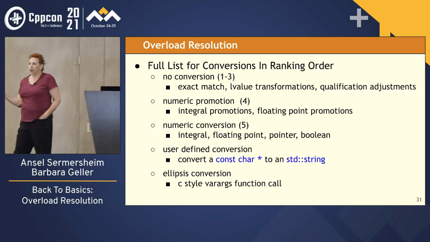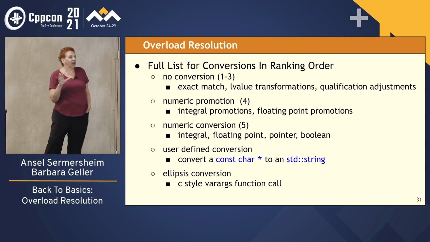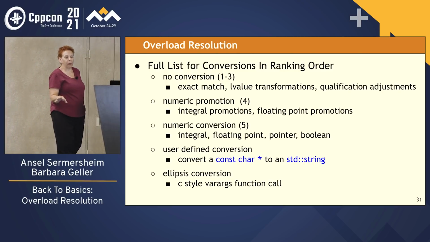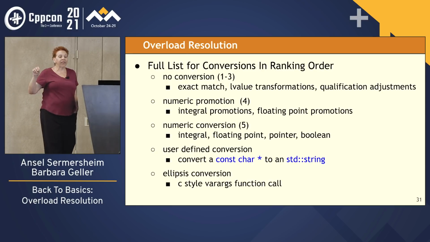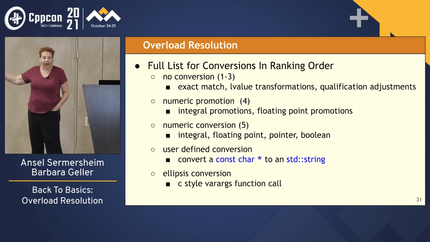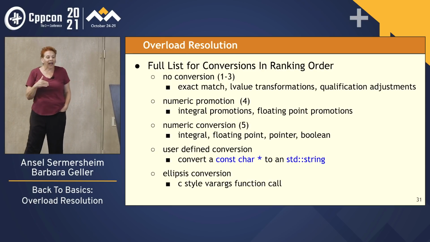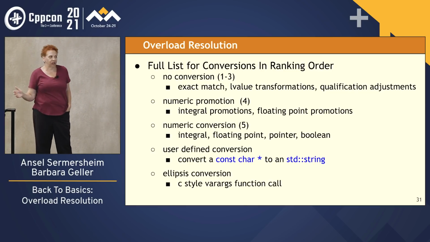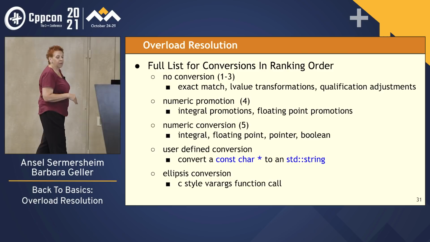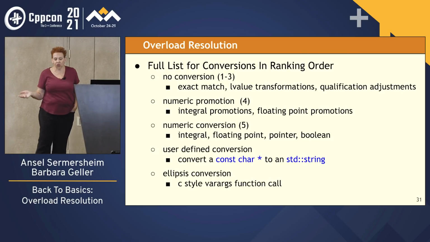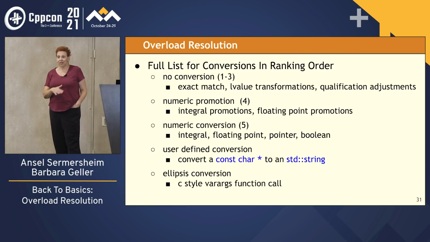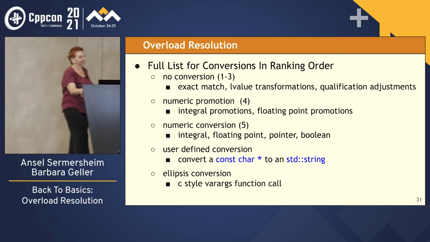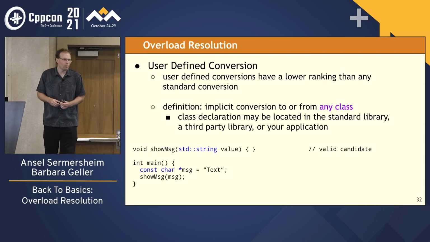So we started out in the ranking saying that there were 5 standard conversions. Then there are 2 others that take place in the ranking. The next one we're adding is the user-defined conversion, which happens more than you think. And then the ellipsis conversion, which probably happens less than you think. So let's look at these in a little more detail.